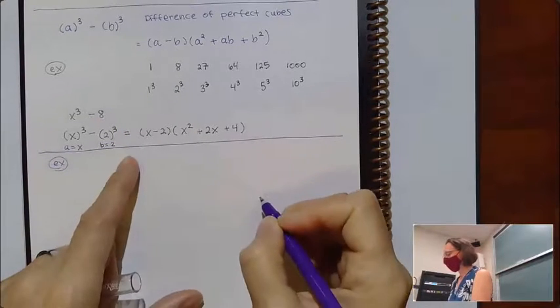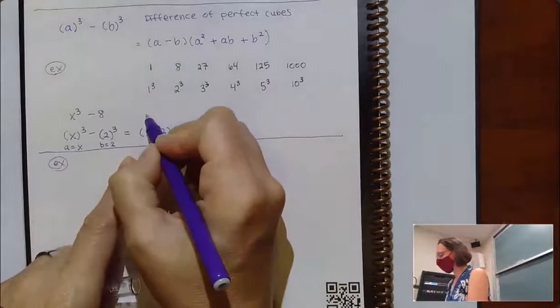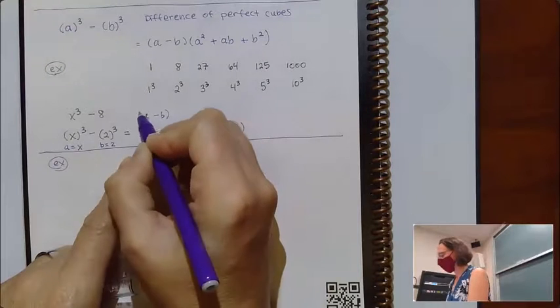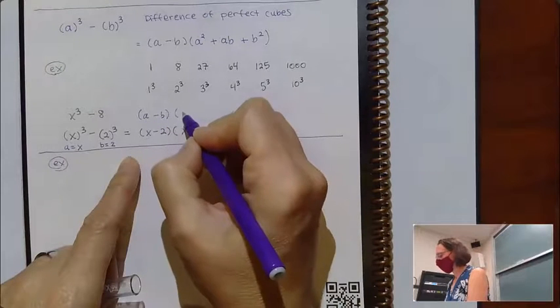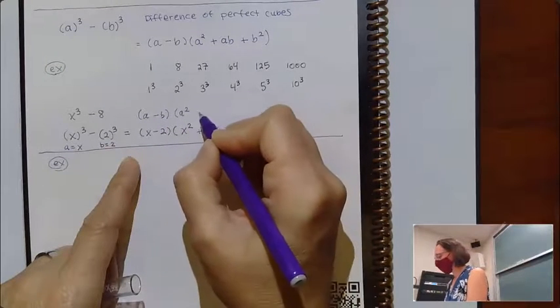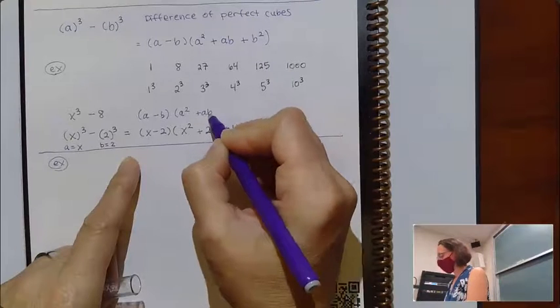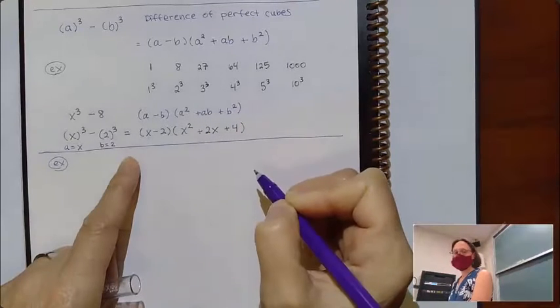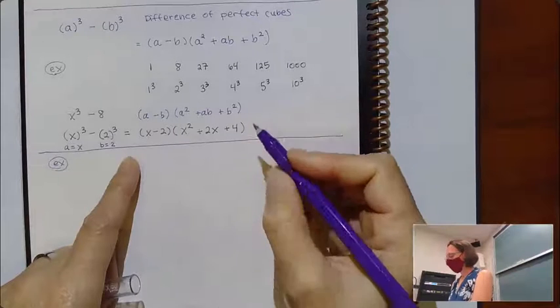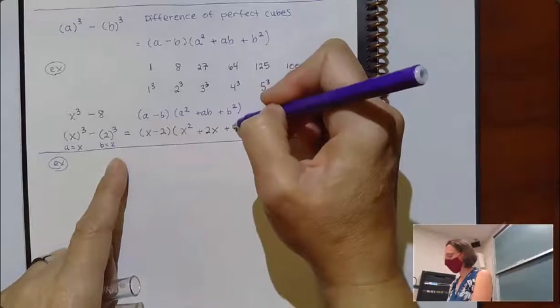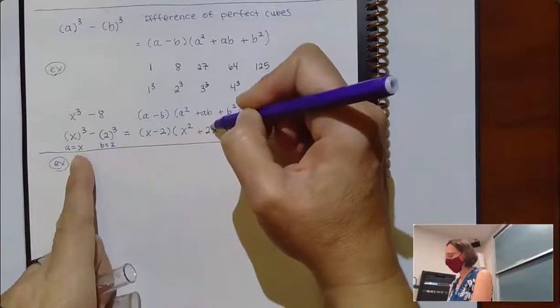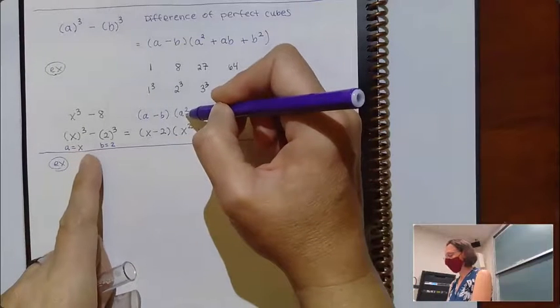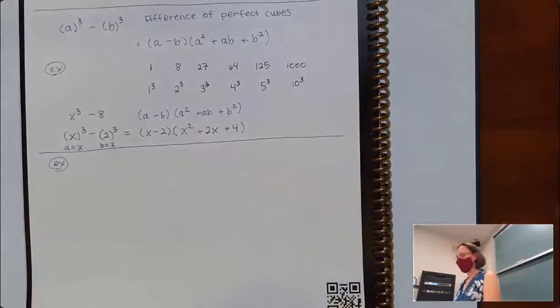So when we put it in the formula, that should look like a minus b times a squared plus a times b plus b squared. So 2 squared gave me the 4, 2 times x gave me the 2x, x squared gave me x squared.